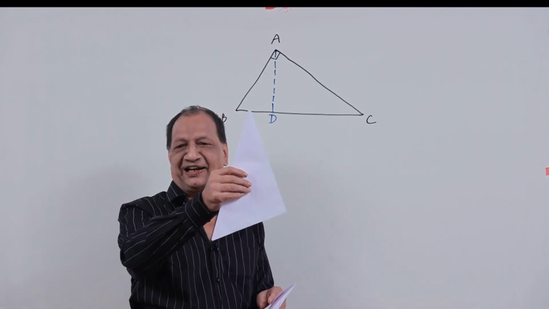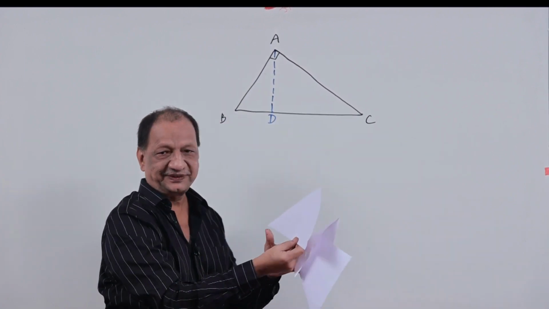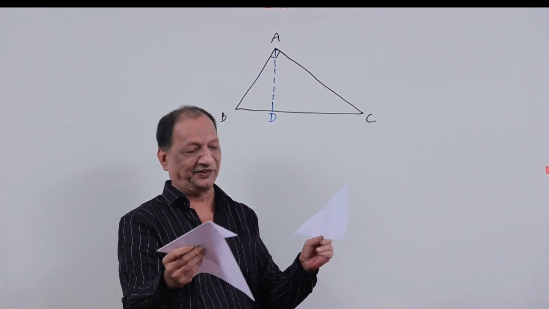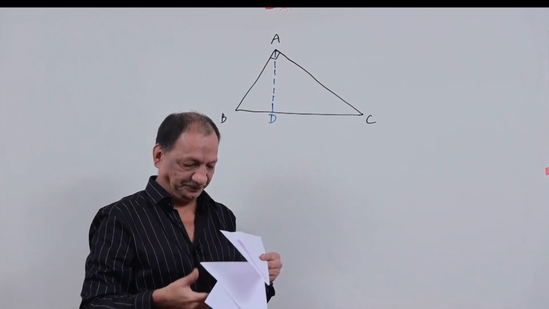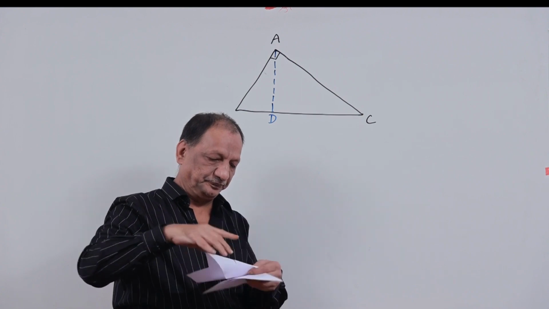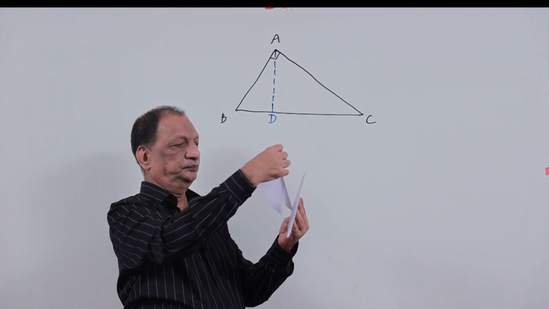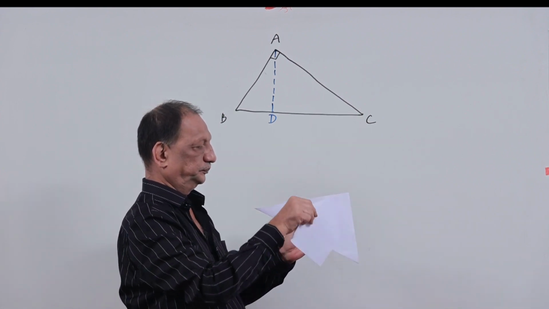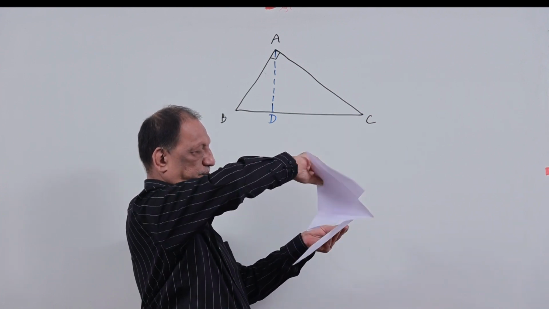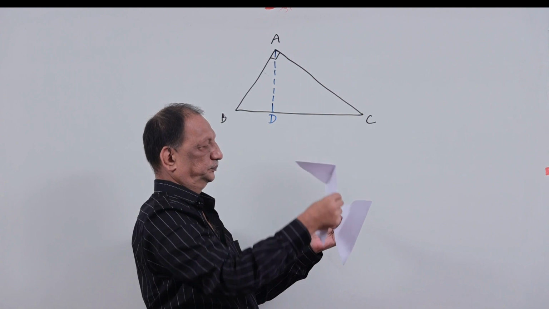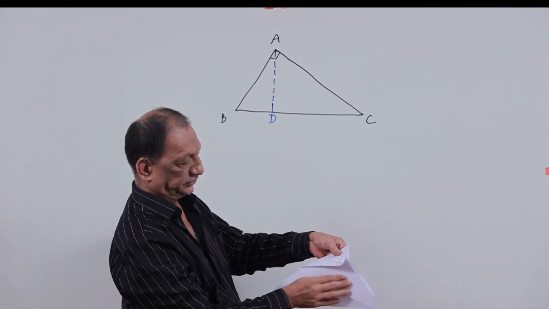So I had the original triangle like this, right? ABC, correct? Now, we take this small triangle, for example. You have to match the 90-degree part and one other angle. Ignore this part.